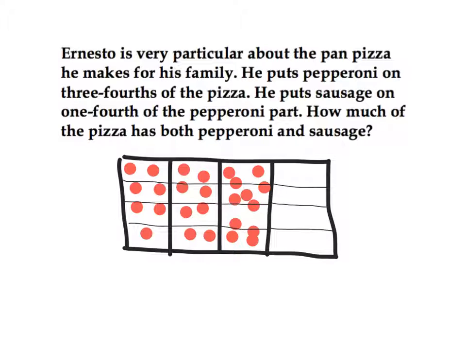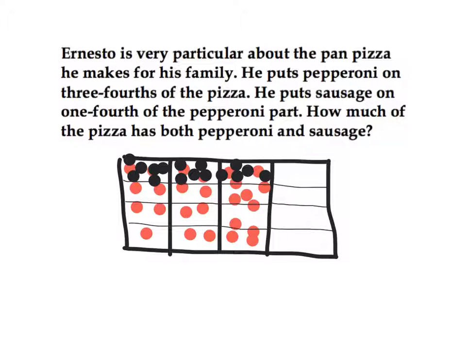And then he is putting sausage on 1/4 of it. So here, when we're looking horizontally, 1/4 actually looks at this entire way here, because this would be 1/4 of the pizza the way we cut it. So that's why we have to shade in those pieces.